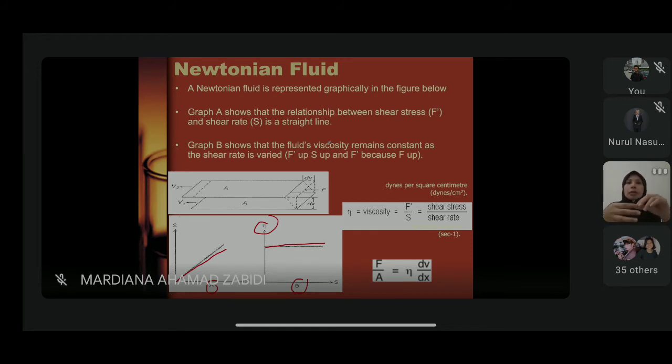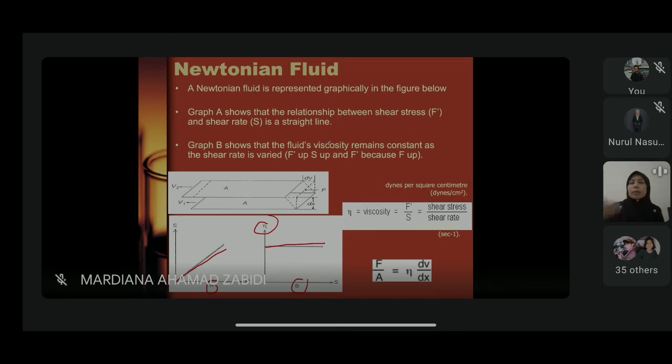Okay, so contoh untuk Newtonian fluid ni adalah air, water, ataupun thin milk, susu, ataupun thin oil. Okay, contoh the best example will be water. Water, if let's say you boil water, it is at high temperature. Okay, air panas.